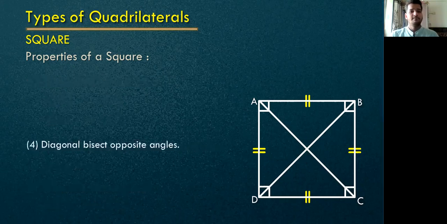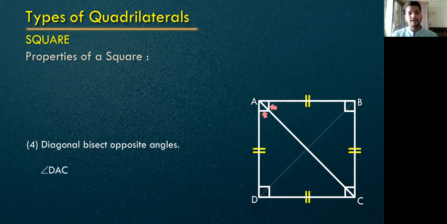The fourth property, the diagonal bisects the opposite angles. Now if I remove the diagonal BD, we can see clearly diagonal AC is there. In the diagonal AC, angle A is divided into two equal parts.